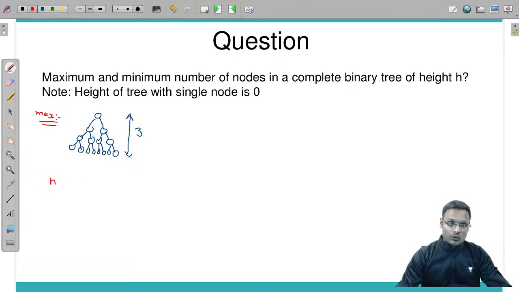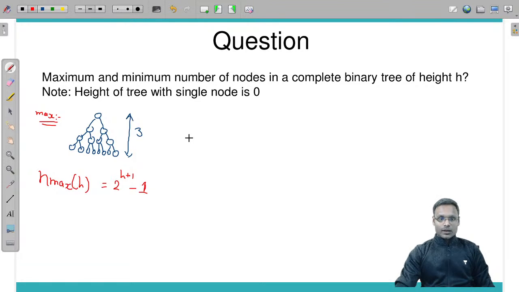The maximum number of nodes n max with height h in a complete binary tree is what? How many nodes are there? 1, 2, 3, 4, 5, 6, 7, 8, 9, 10, 11, 12, 13, 14 and 15. 15 nodes are there, which is 2 power (h plus 1) minus 1, that is 2 power 4 minus 1, 16 minus 1. That is the maximum number of nodes.